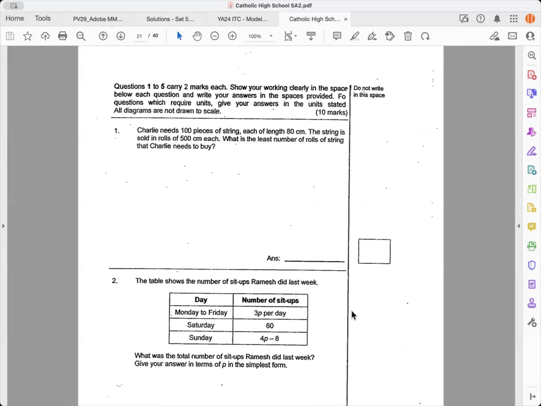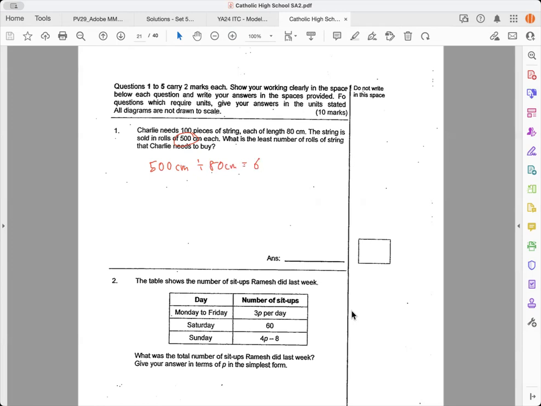So now I'm going to take one roll of string, which is 500 centimeter, to find out how many 80 centimeter strings I can make from this roll. You use 500 centimeter divided by 80 centimeter, the length of one string.